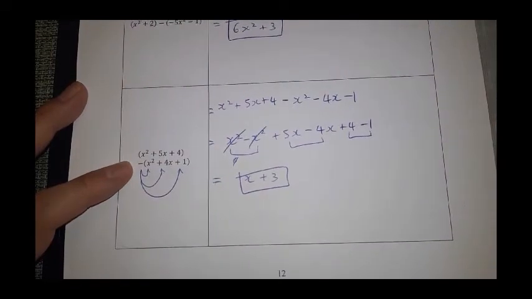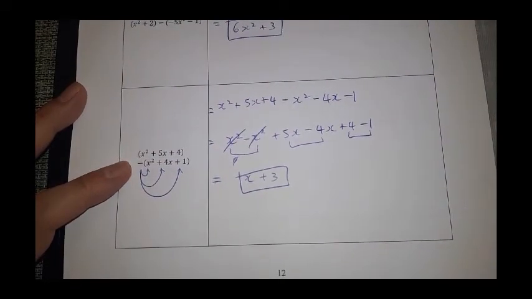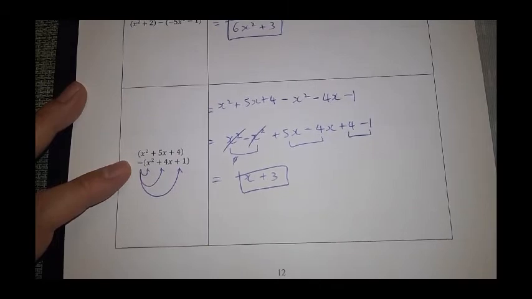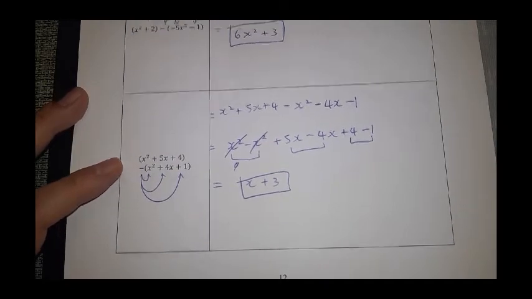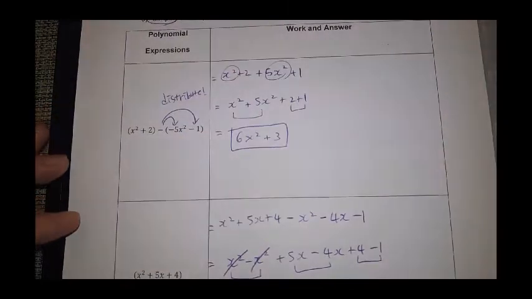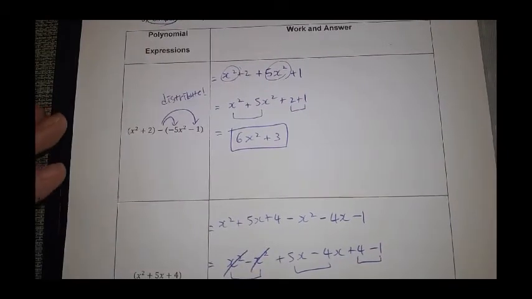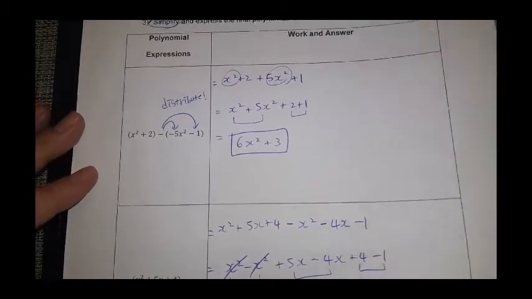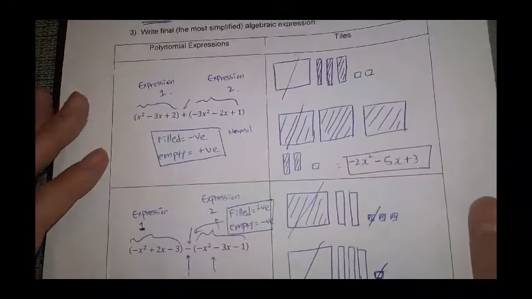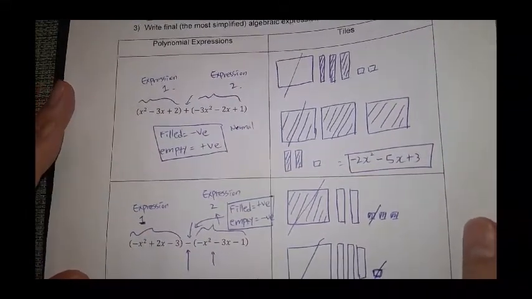So the whole answer turns out to be x plus 3. That's how you do it. Obviously, a lot of people will use this distribution method for the algebraic method. However, understand that you still need to understand how the algebra tile mechanism works. Okay?